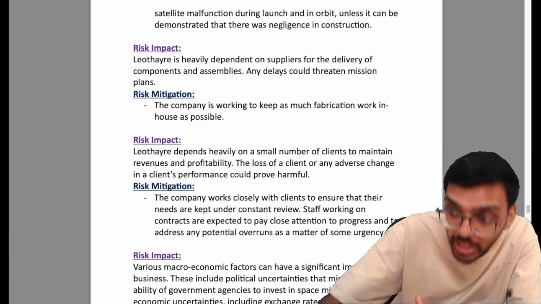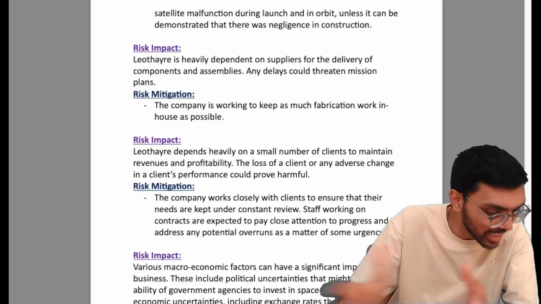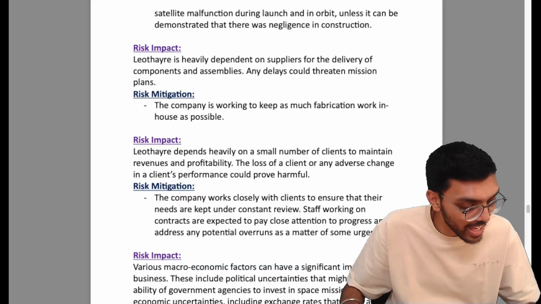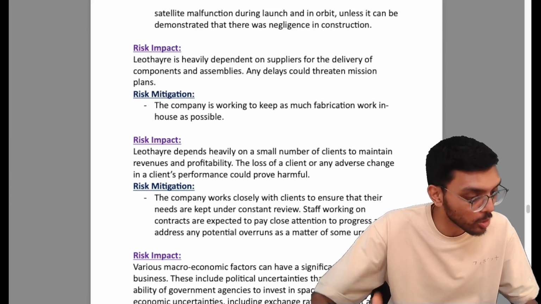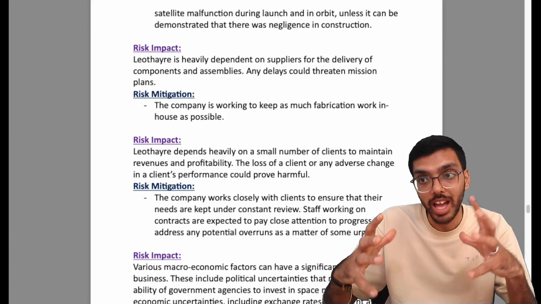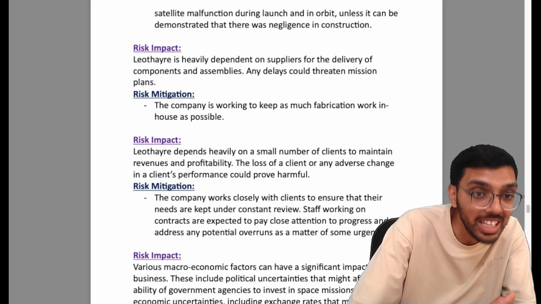Notice that we will try to do everything within our own roof so that we can control. So the scope for expansion is very clearly visible here, because we are trying to do everything in-house.